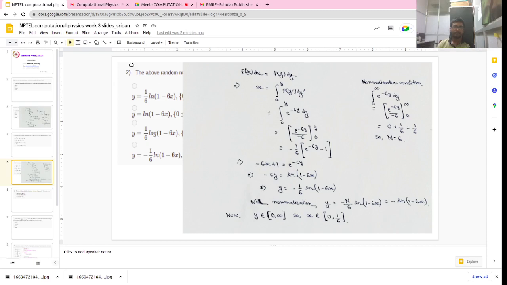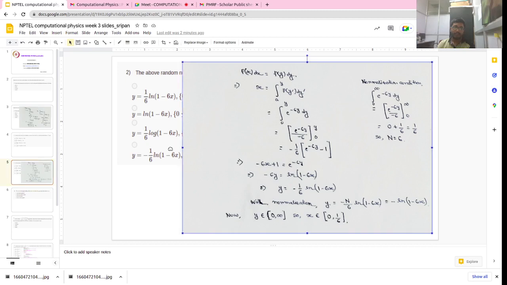So what is the progress? What I have done in this question, I think the process is correct, but the answer I am getting is not matching with any of the options given.